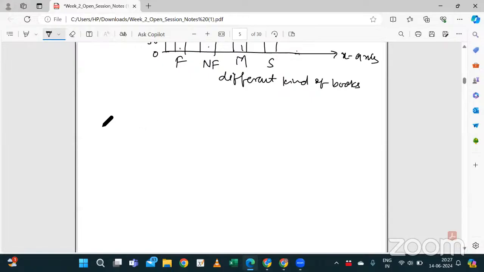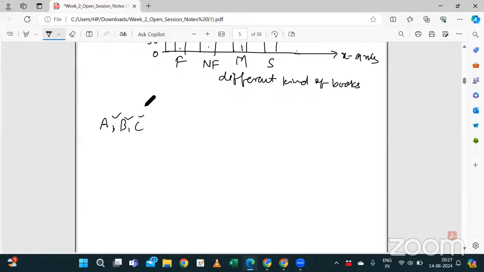Okay. So similarly, suppose there are 3 candidates, A, B, and C, and there was one election. Let's say these are students, candidates in a college, and one election has happened for president or vice president or something like that.